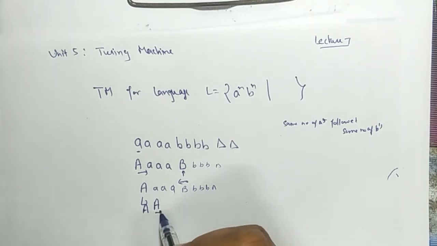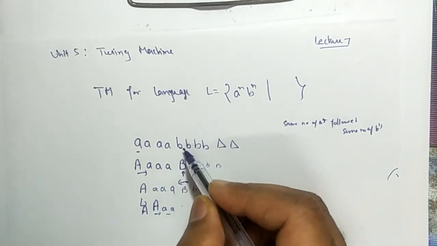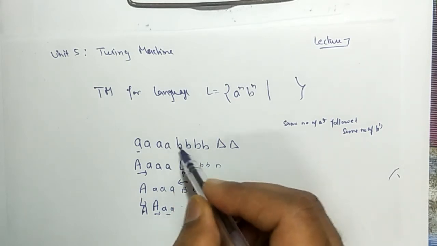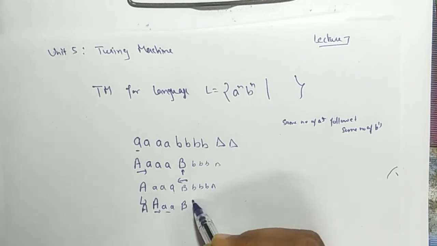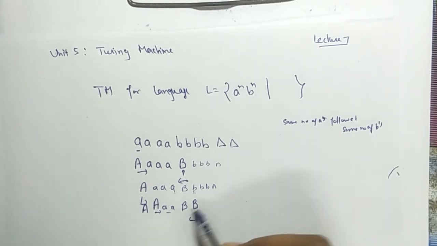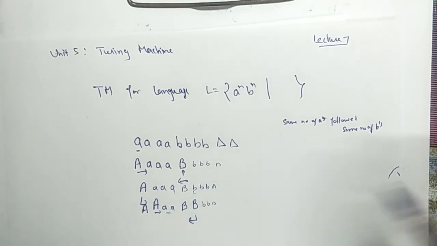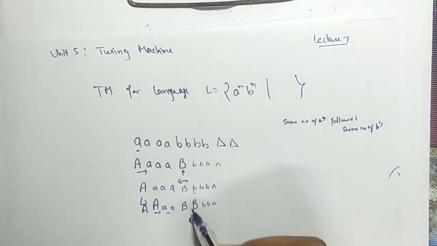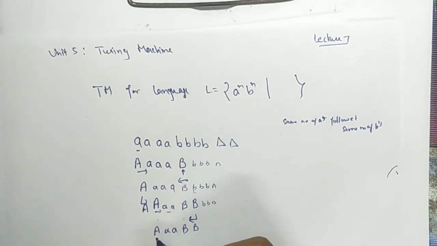So we move in this direction, leaving things unchanged. In the first case we got small b right after the a's, but now we will get capital B first, then we will get small b, and we convert this small b to capital B. Then we move to the left, leaving everything as it is on the tape, from this capital B till this capital A. So we move till this capital A.